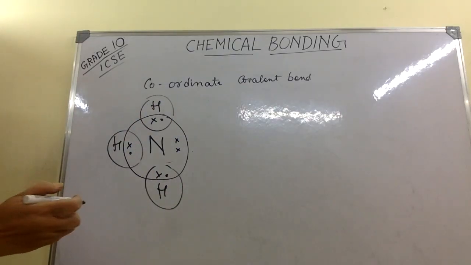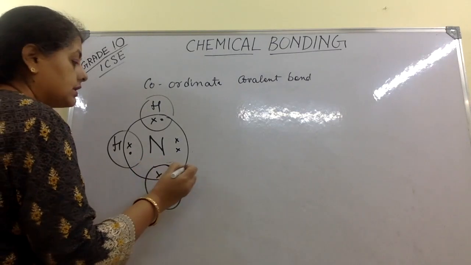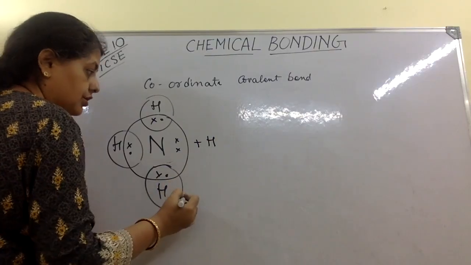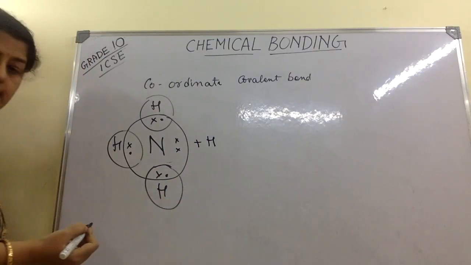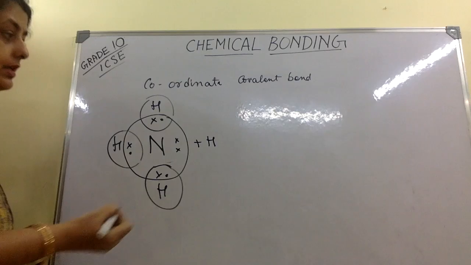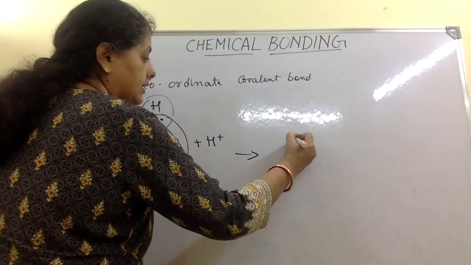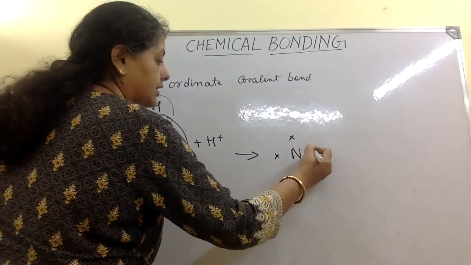One octet formation has also happened here. Now what happens is when we add one H plus ion to it, it becomes NH4.